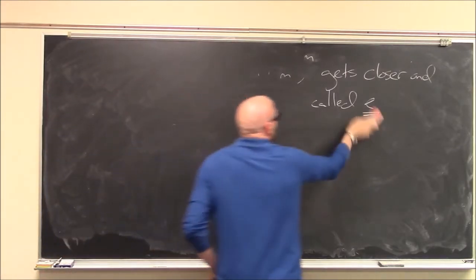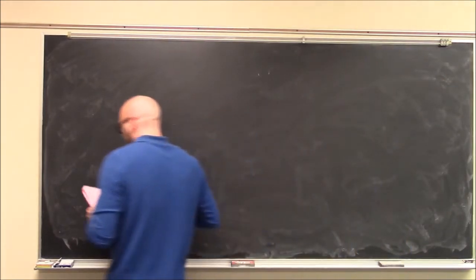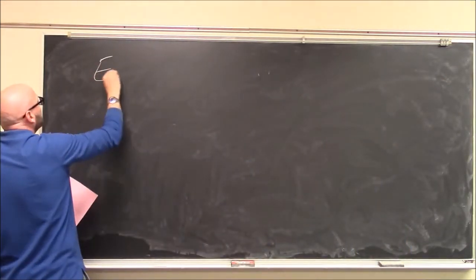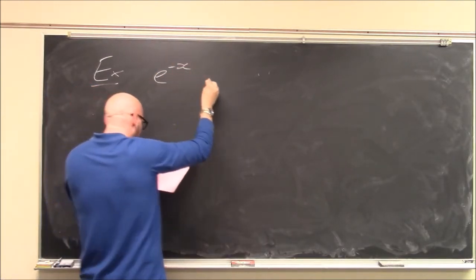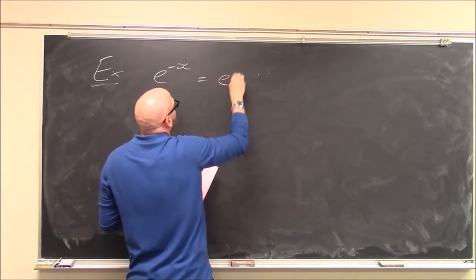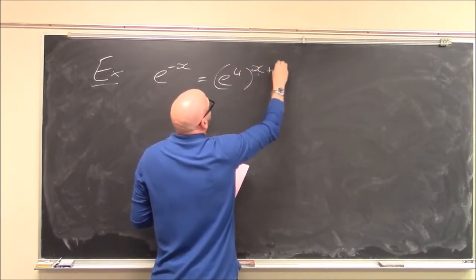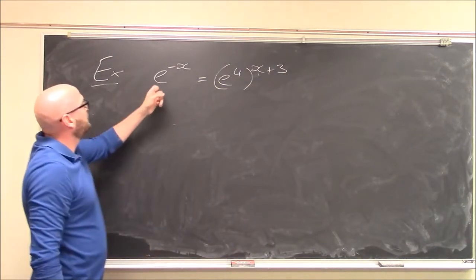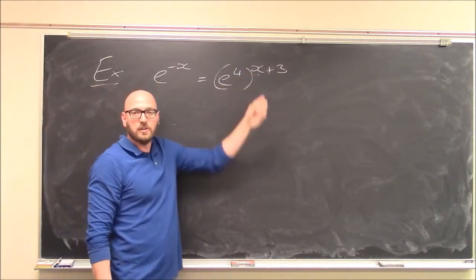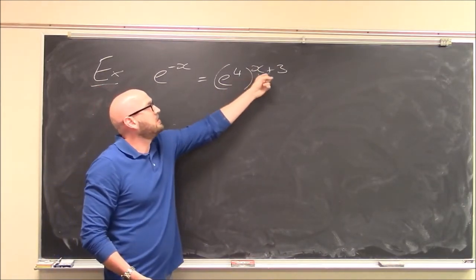And we'll just do a very quick example. Solving another exponential equation, but our base is e now. e^(-x) = (e⁴)^(x+3). Here my base is e, here my base is e to the 4th. I want the same base. I can easily get the same base if I just distribute this 4.